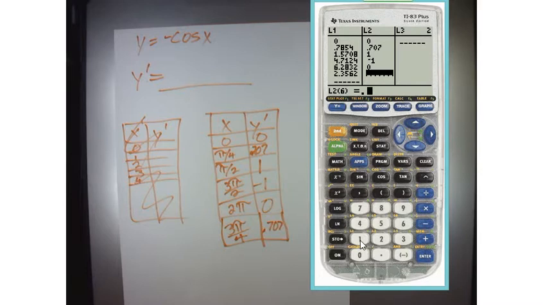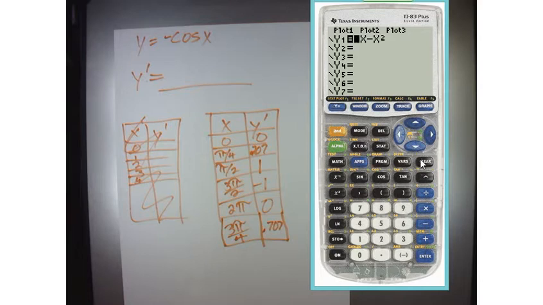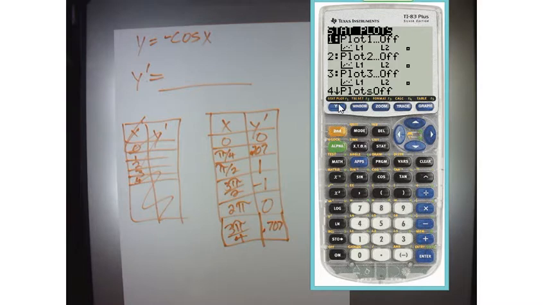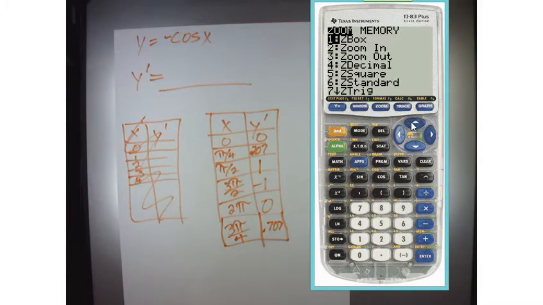It's 0.7, according to Amy. All right, well, we'll see. She might be right. So now we're going to graph this. I'm going to clear this out, turn on plots, and hit zoom stats.